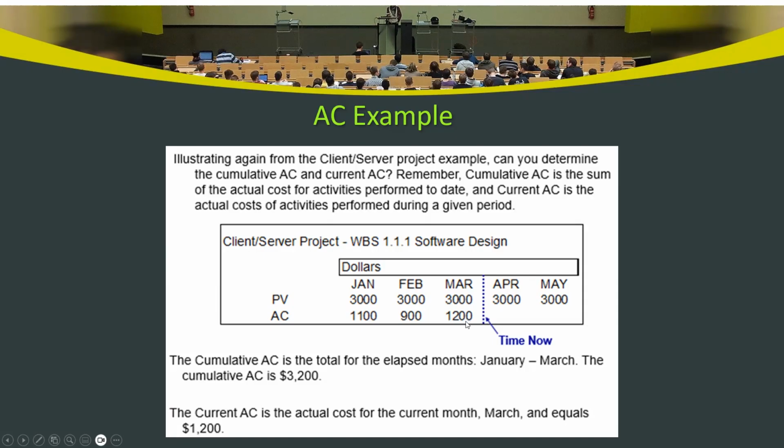So what is the current or periodic actual cost for March? It's 1200, right? For February it is 900. Since this is our point of observation, what is the cumulative actual cost? 1100 plus 900 plus 1200. This amounts to 3200.